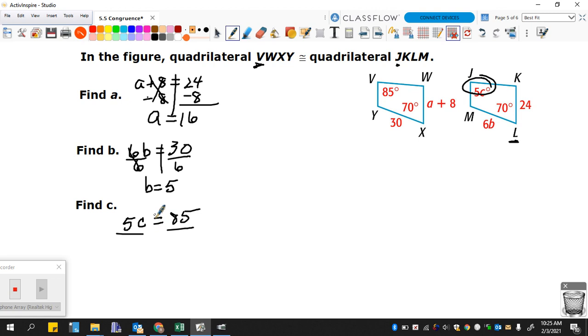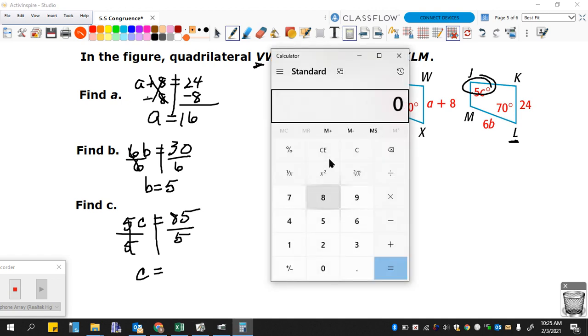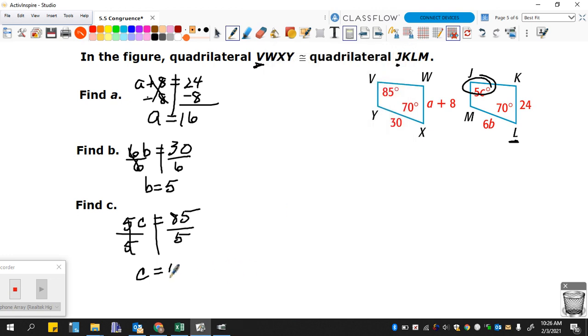To find C, we divide by 5. C is equal to 85 divided by 5, which is 17. So the value of C is 17.